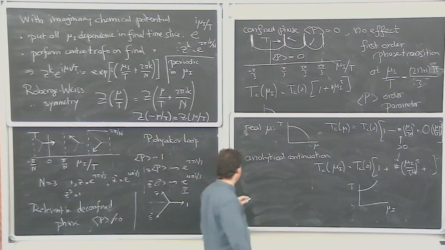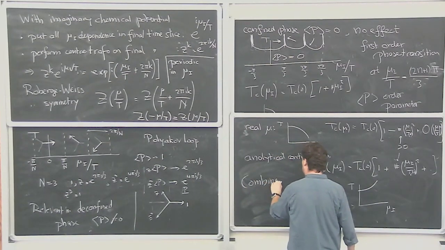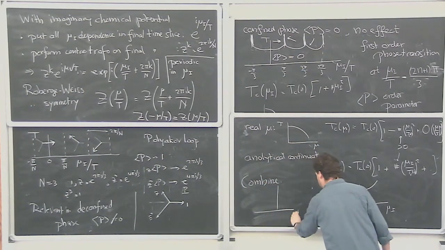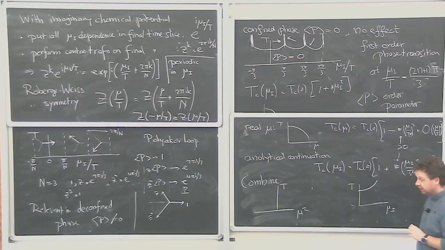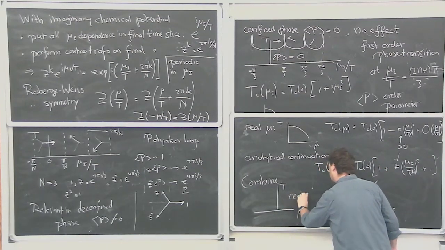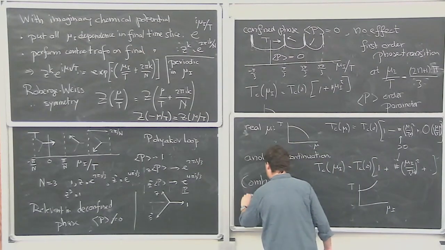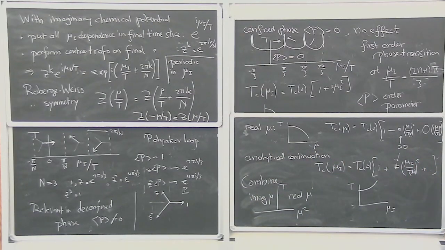So we can combine these two phase diagrams, say, in a T mu squared plane, because positive mu squared corresponds to real mu, whereas negative mu squared corresponds to imaginary mu. So I can combine these results.